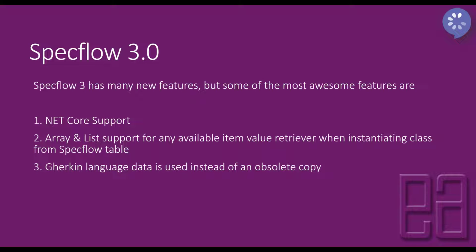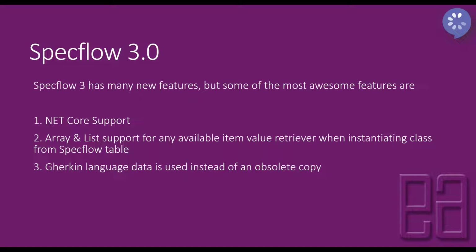Gherkin language data is used instead of an obsolete copy, which is cool because every time the Gherkin language updates, Specflow used to lag behind in those updates. But right now they don't use the obsolete copy, rather they directly use the Gherkin language data, which is cool. So these are some of the great things available within Specflow 3.0, which I feel are very important and impressive as well.